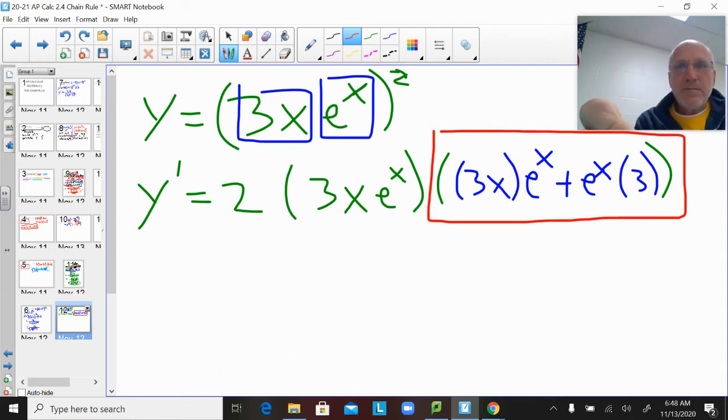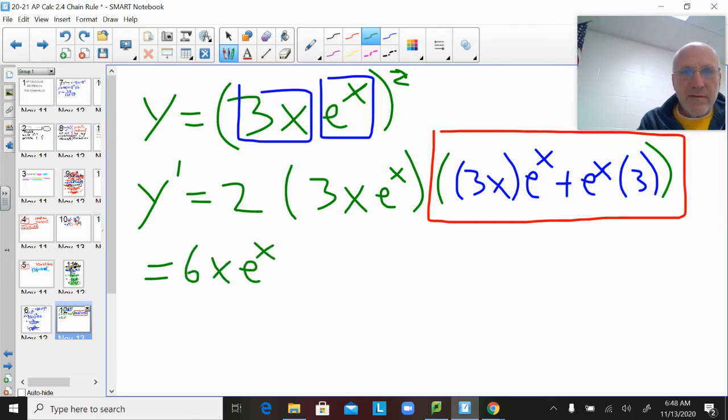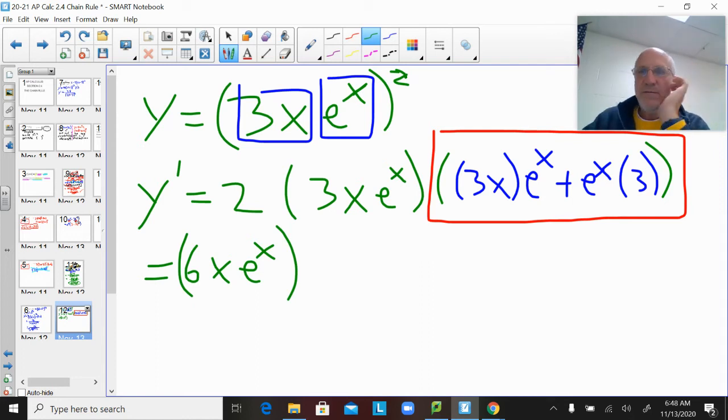So I might rewrite 2 times 3 as 6x e to the x. And now, what's the GCF in that red rectangle? I think both those terms have a 3, and both those terms have an e to the x.